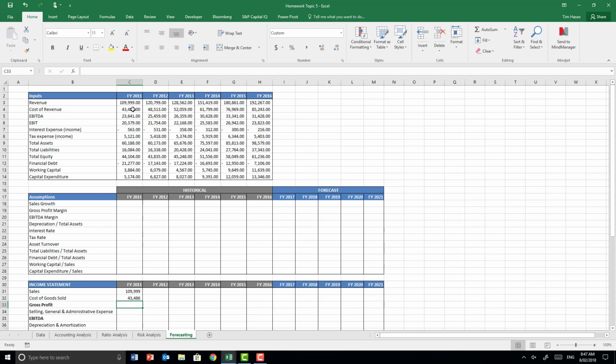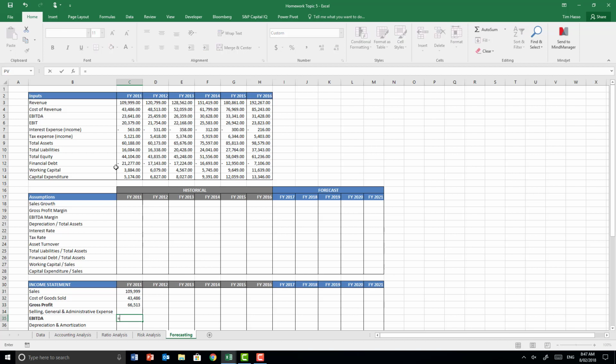The gross profit, if you look in the input section, is something that we don't have, but we can calculate it ourselves by taking the sales and subtracting the cost of goods sold, so cell C31 minus cell C32. We then have the selling, general, and administrative expenses, which again we don't have, but we do have the next line item, which is EBITDA.